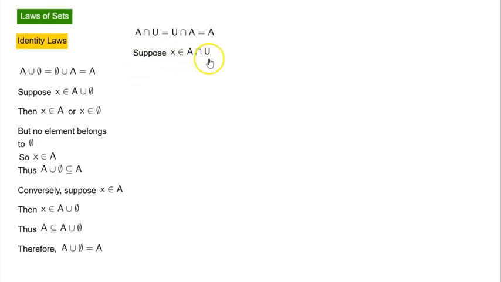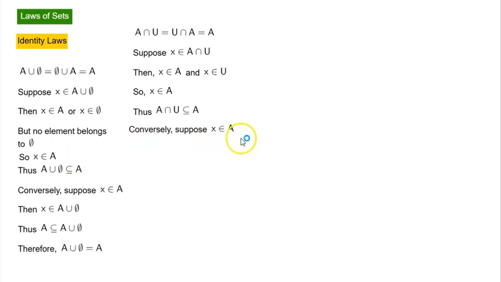Suppose X is in A intersection U. Then X is in A and X is in U. So X is in A, because if it is in A, it is also there in U. Thus, A intersection U is a subset of A.